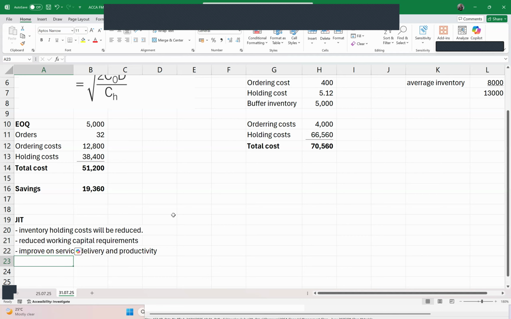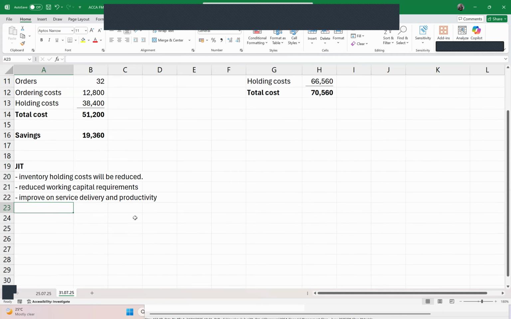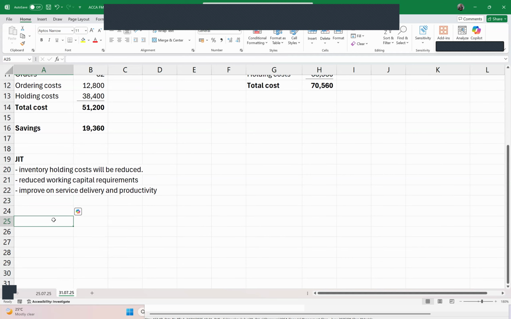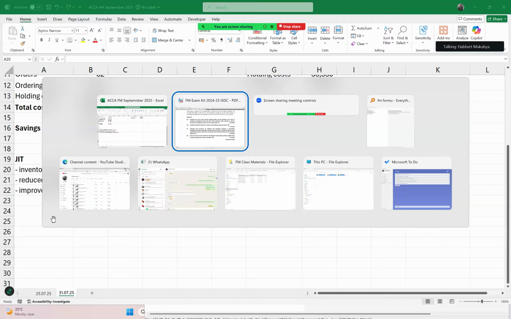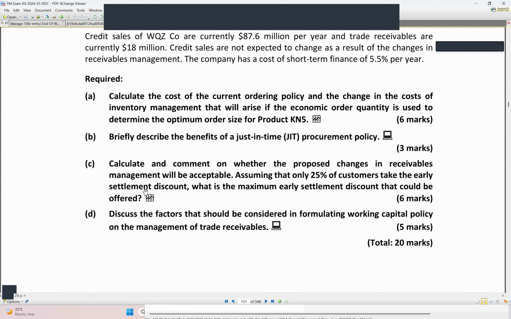So you focus on the quality of the goods that you provide to these people, as opposed to throwing everything in the warehouse and waiting for people to come and buy. So those are some of the advantages of just-in-time. But you also need to understand its problems. I implore you to go and find out those in your textbooks so that you are clear on what those are.